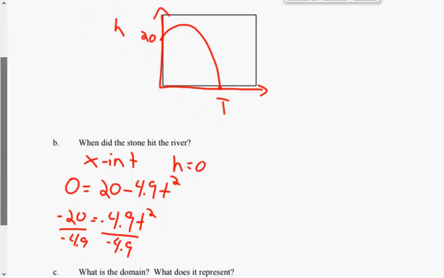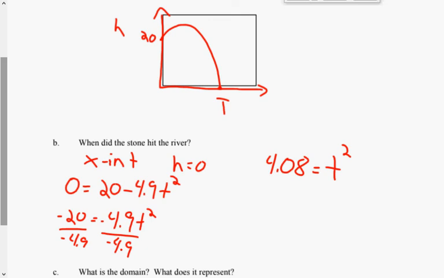It's totally fine. So now I divide by negative 4.9. So negative 20 divided by negative 4.9 is 4.08. Good. Now I take the square root of that.